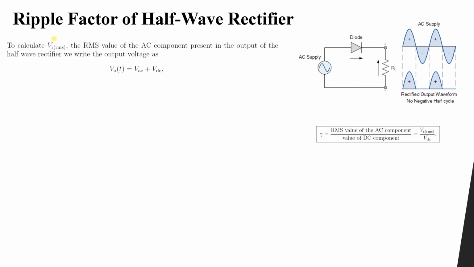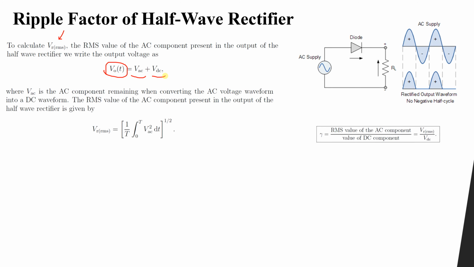In order to get this AC part, which is causing the ripples or pulsations, it will be like this. The V_out signal as a function of time consists of two components: part of it is AC, which is causing the ripples or pulsations, and the DC, which is a constant value, the average value. Now, let's say I would like to get V_r RMS, the root mean square of the AC component only.